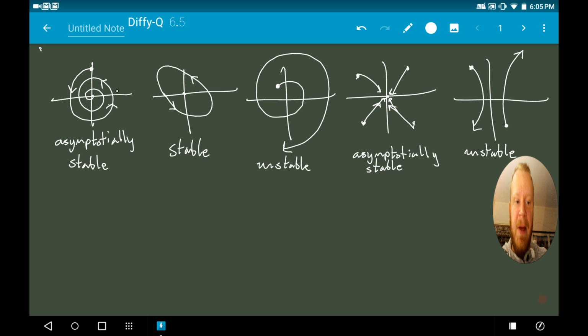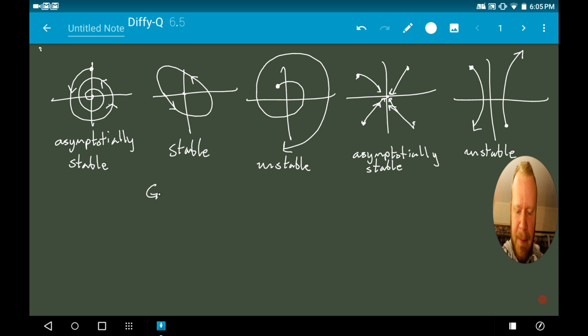Now, if you're given the phase plane, this is really easy. Figuring out what category it fits into based on the picture is pretty straightforward. If you're not given a phase plane, you can maybe draw one. But there's an easier way.